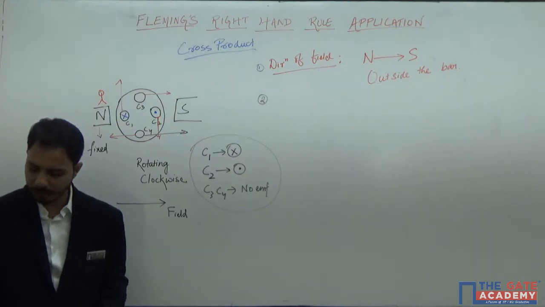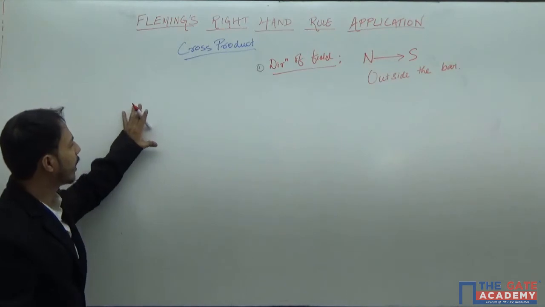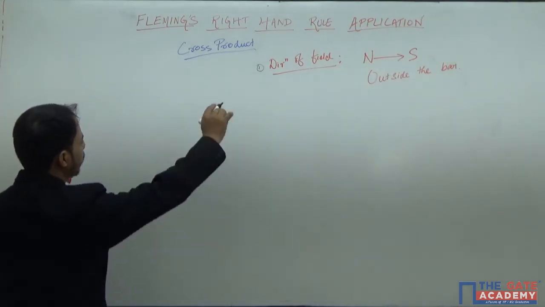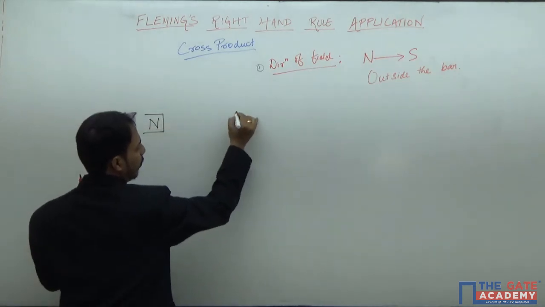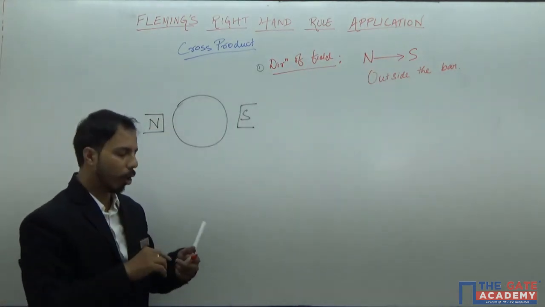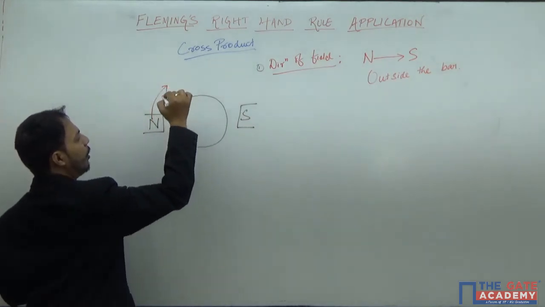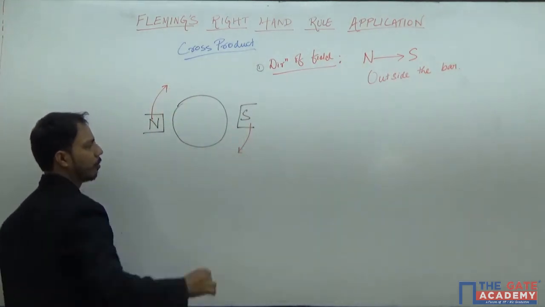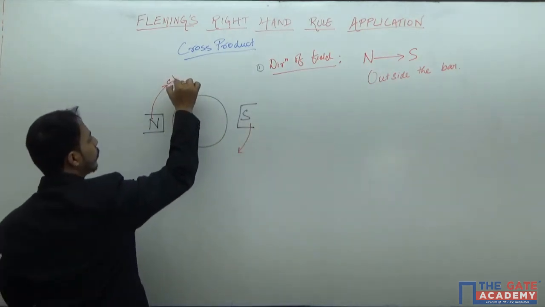Okay. For example, now this is one more problem. Now this is not a GATE question, but questions like this may come. Now I will do an opposite thing here. That means, what I am saying is, my fields are rotating now. Okay, my field is rotating clockwise, let us say.